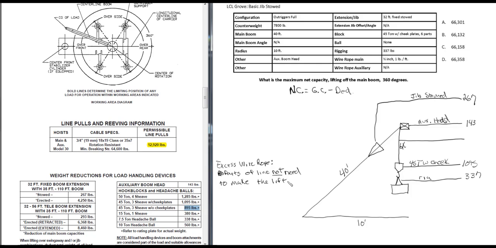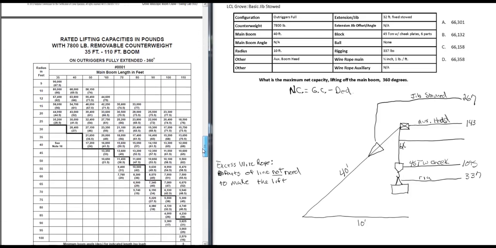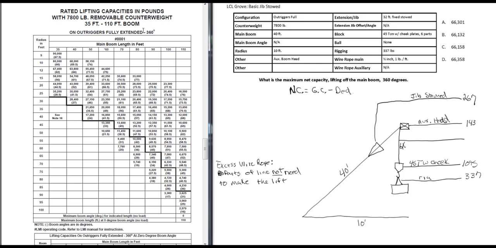Okay, let's take this a little bit further. Let's find the chart capacity for this configuration, and make sure you're on the correct chart. We're lifting off the main boom, 360 degrees, outriggers fully extended.